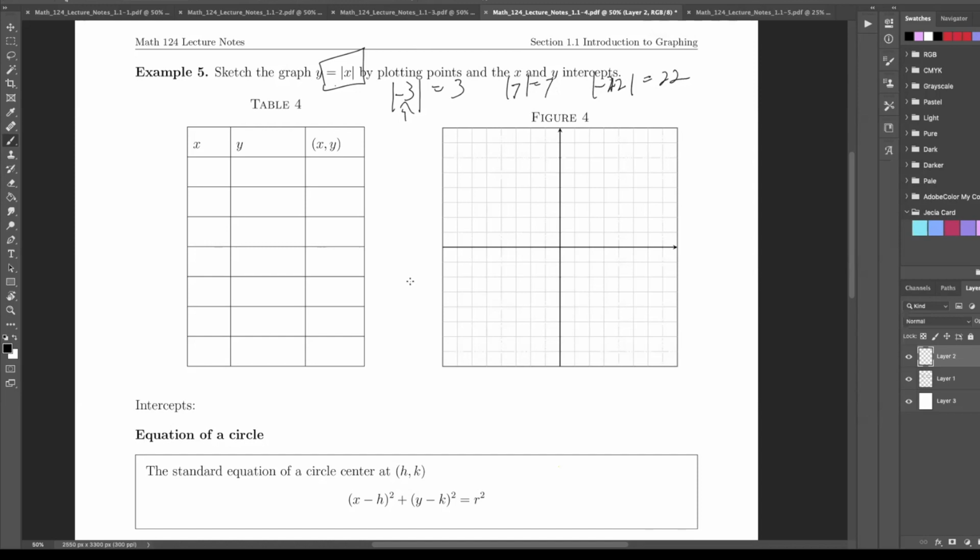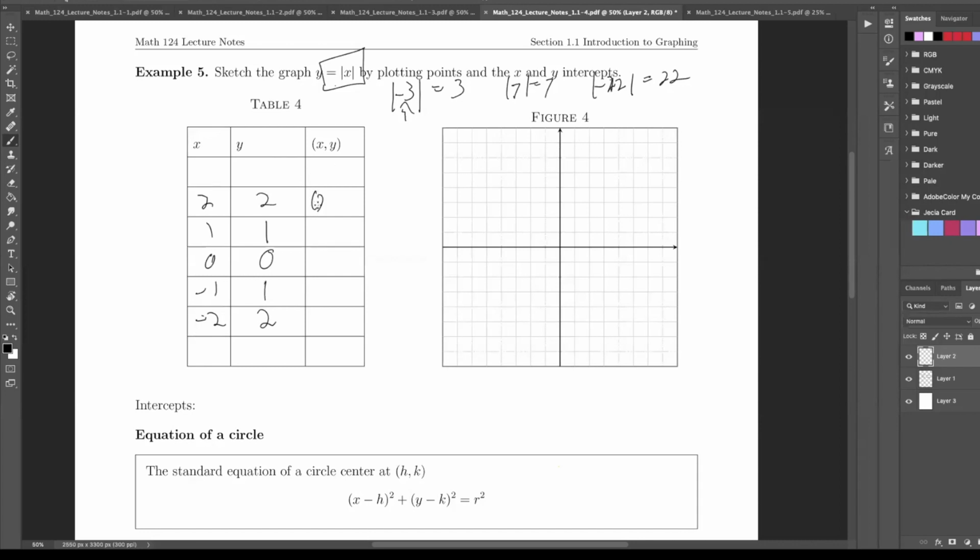And so we don't need all the points for this one. We'll keep it simpler. So here we have 0 will just be 0. I plug it through. 1 will still be 1, 2 will still be 2, negative 1 will turn into 1, and negative 2 will turn into 2.